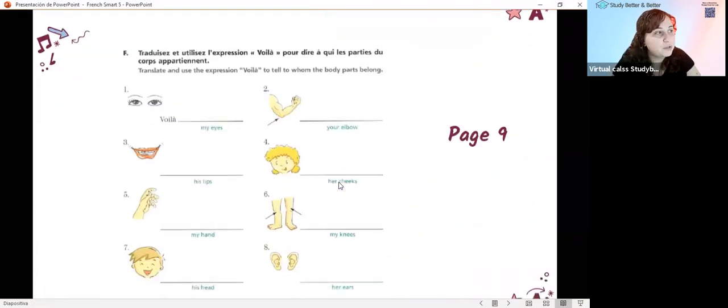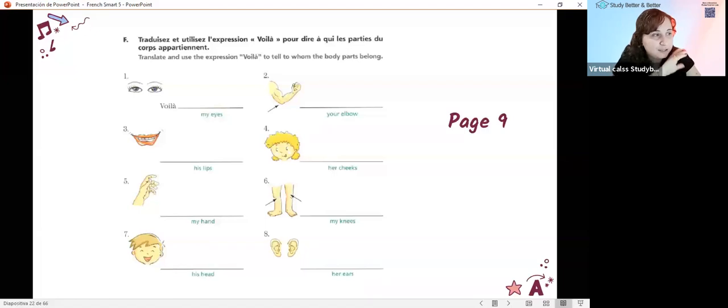For the next part, we're going to use this activity. Traduisez et utilisez l'expression voilà pour dire à qui les parties du corps appartiennent. Translate and use the expression voilà to tell to whom the body parts belong.